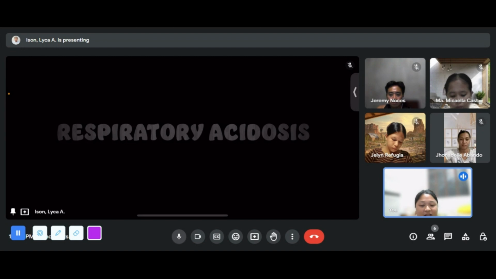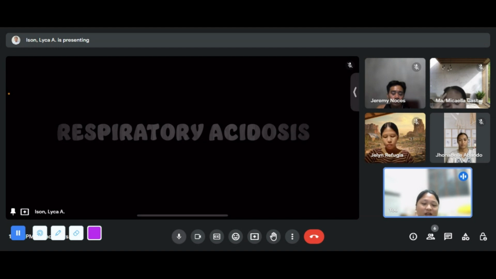When carbon dioxide levels increase, the body increases respiration to eliminate the excess carbon dioxide and decrease acidity. When carbon dioxide levels decrease, respiration decreases to conserve carbon dioxide and maintain its acidity.